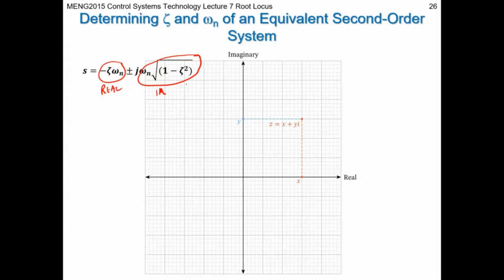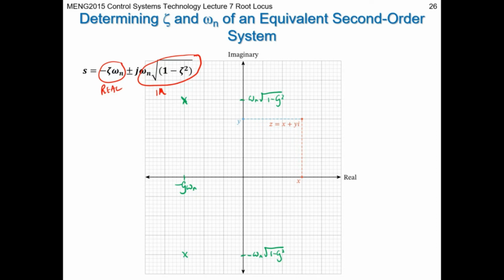If I put an x, and I've got my complex conjugate here, this real part is minus zeta omega n, and on the imaginary axis we've got omega n root 1 minus zeta squared, and minus omega n root 1 minus zeta squared. That's the location of our closed loop roots for our standard second order transfer function.